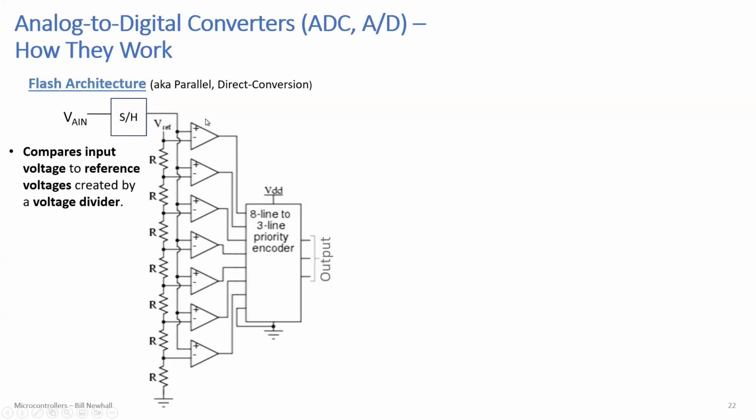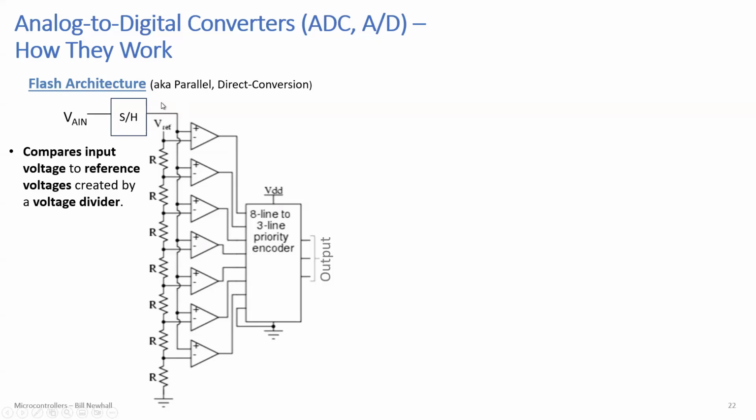So these are comparators. Remember, comparators compare two voltages. We had to talk about comparators. So you pick this comparator right here. It's comparing the input voltage to this voltage between these two resistors of the voltage divider, which is somewhere between Vref and ground, somewhere between Vref and 0.